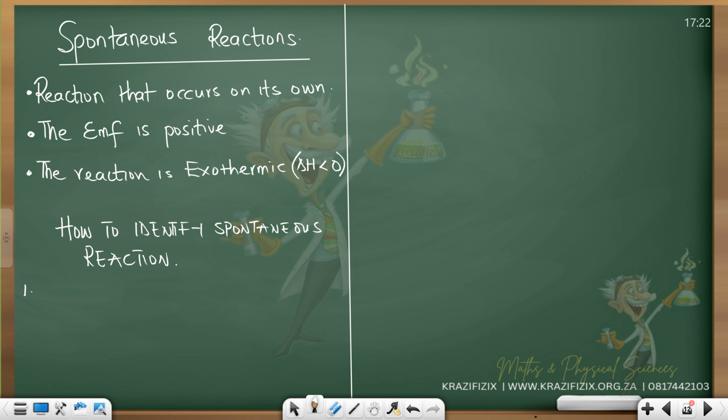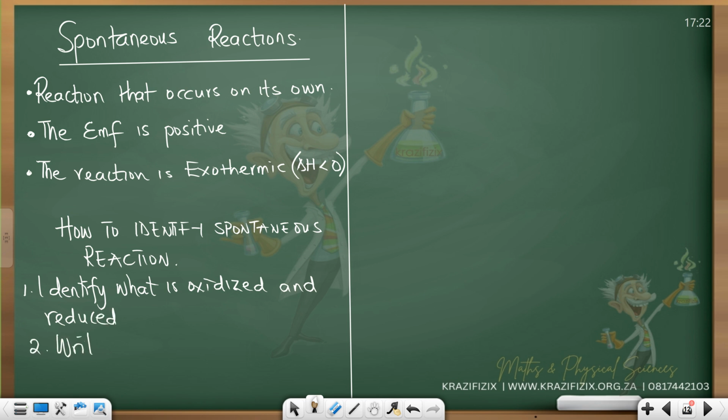Number 1, identify what is oxidized and reduced. Number 2, write out half reactions.